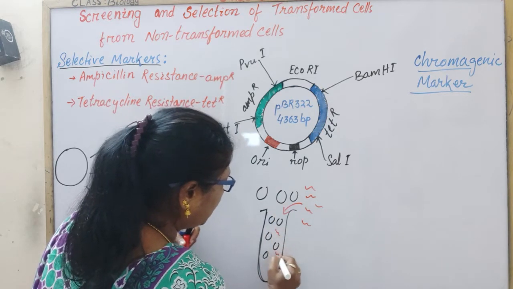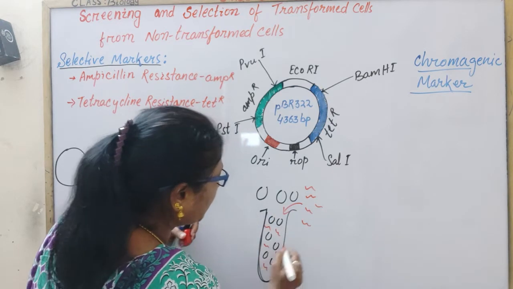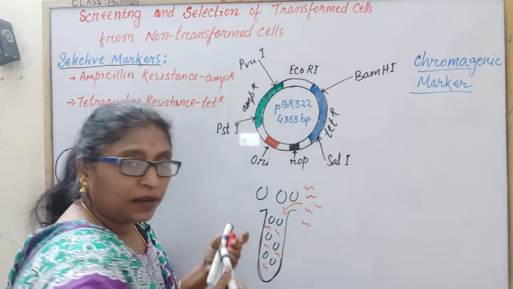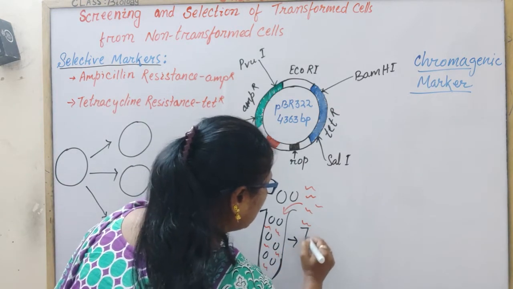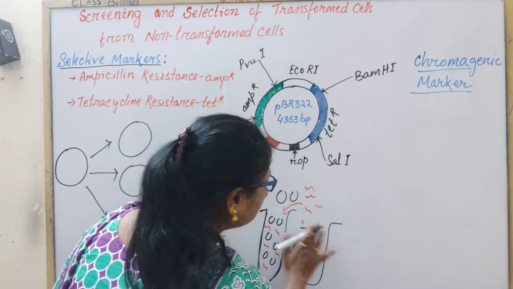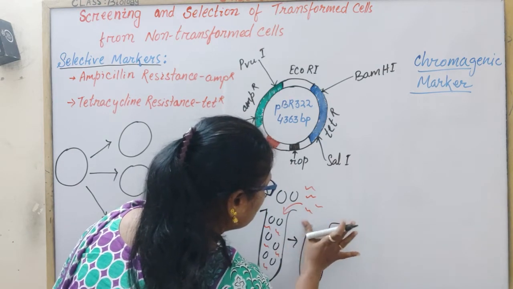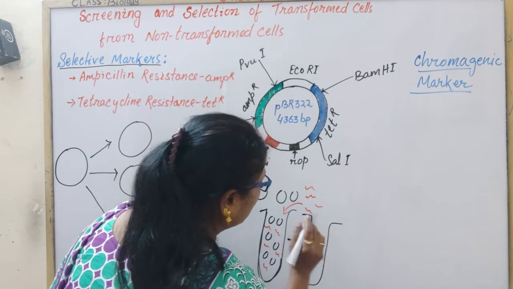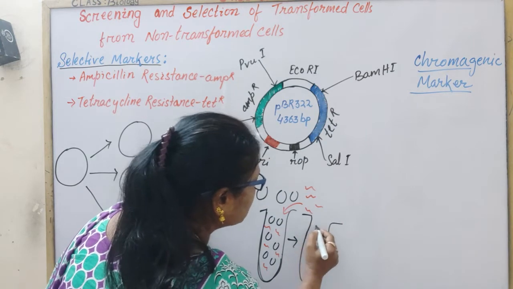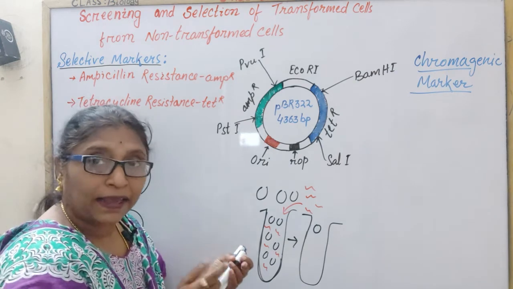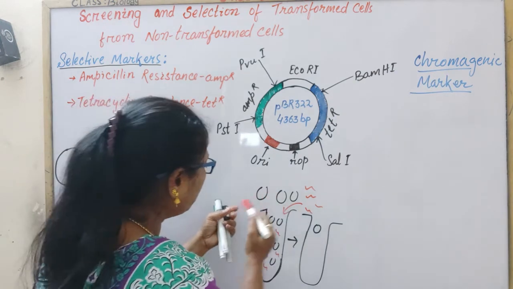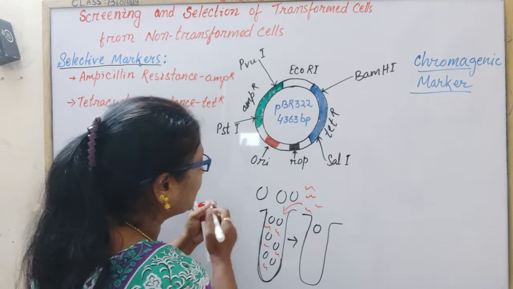So what happens? All are not getting recombined. All are not becoming the recombinant ones. Many vectors join like this, yes of course, along with ligase. Even ligase is there.